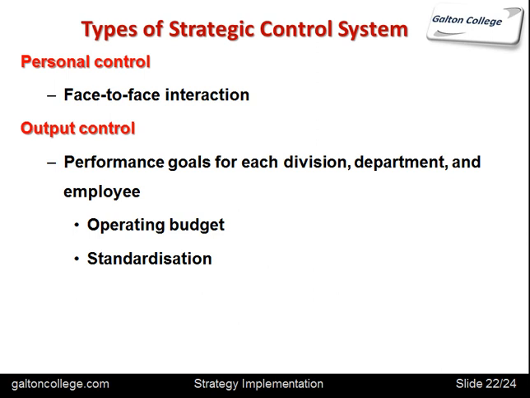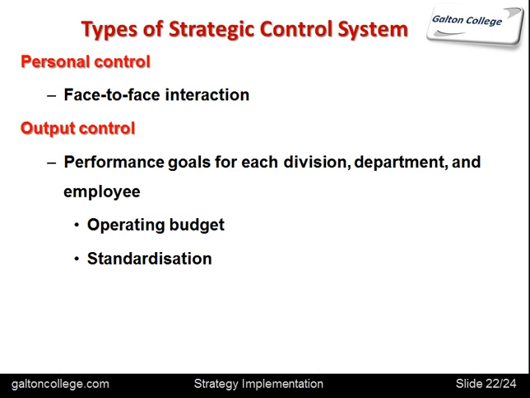There's also output control. Performance goals for each division, department and employee. So the output control can be judged. The whole division could have an output target, the department could have a target, and even an employee may have some targets set on an individual basis.